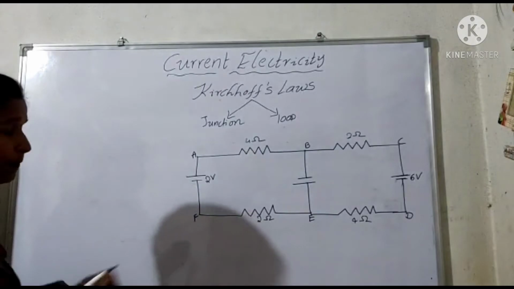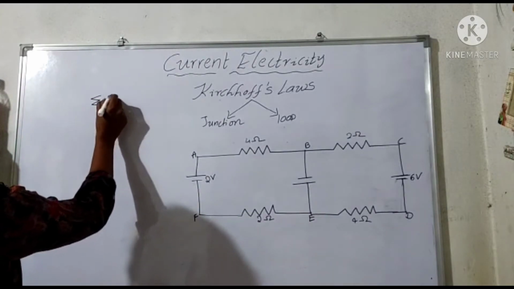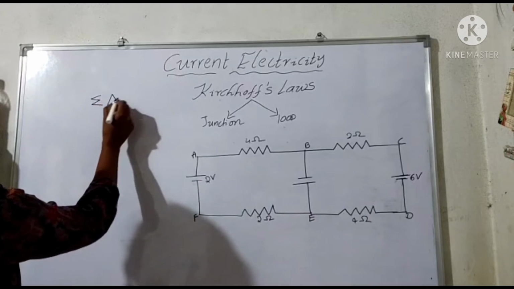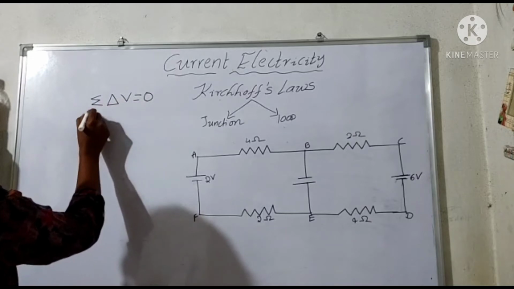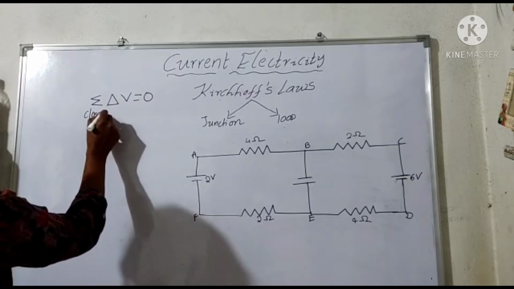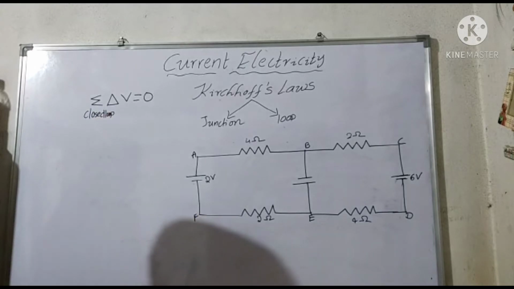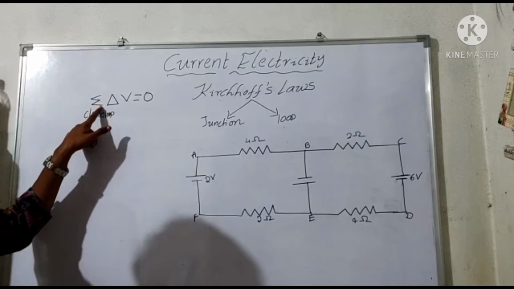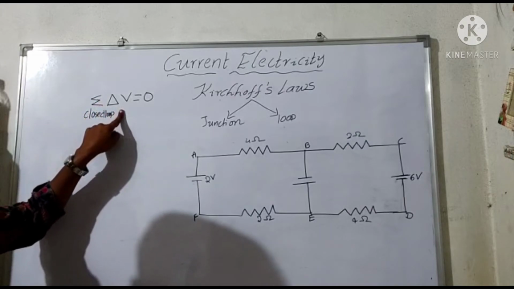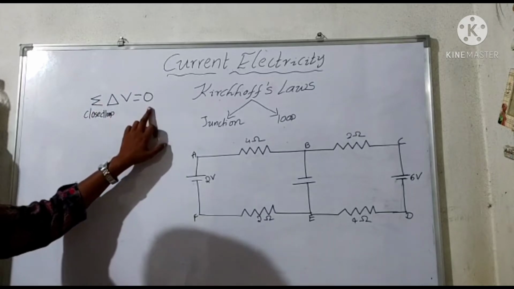Okay. The condition in a loop: the algebraic sum of potential differences in any loop is 0. In the junction, the current is 0 at the junction point. But in the loop, the algebraic sum of potential differences in any loop, including the batteries and resistors, must be 0.